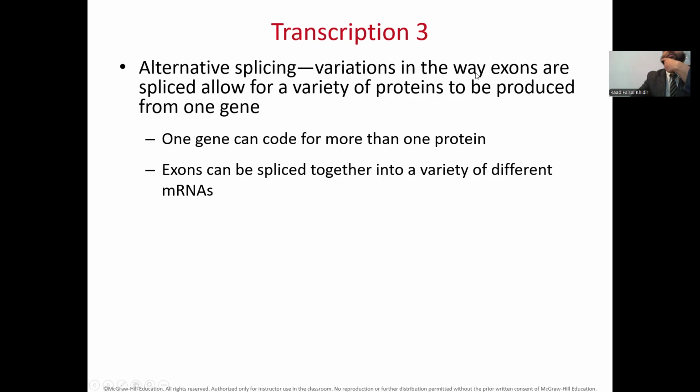So in alternative splicing, there are variations in the way exons are spliced, and they allow for a variety of proteins to be produced from one gene. So one gene can code for more than one protein. So exons can be spliced together into a variety of different mRNAs.